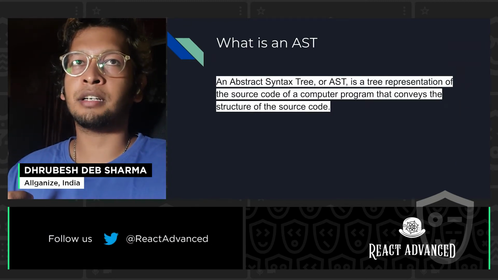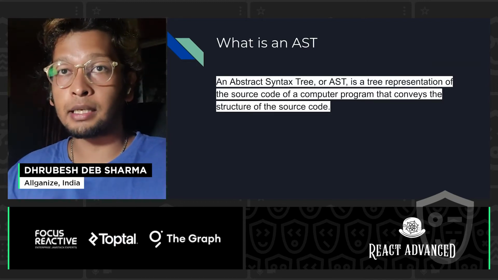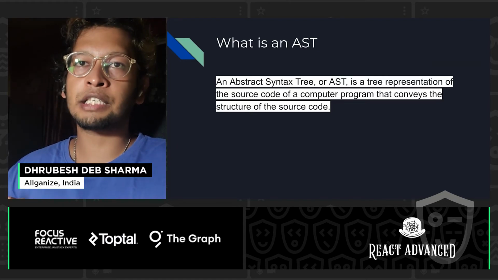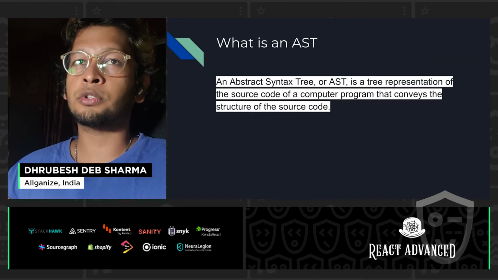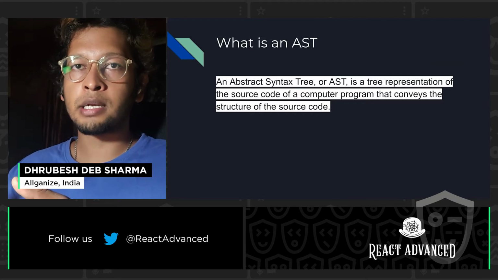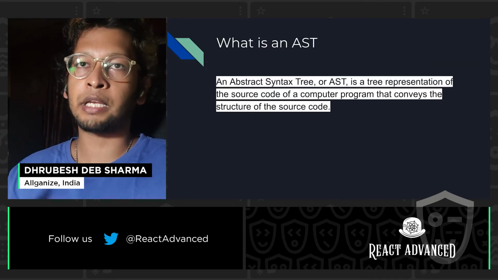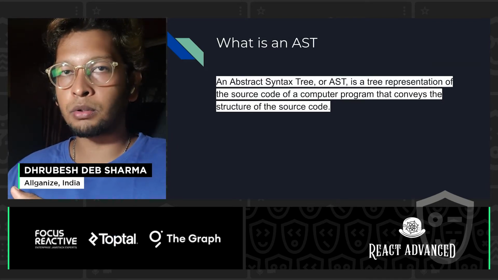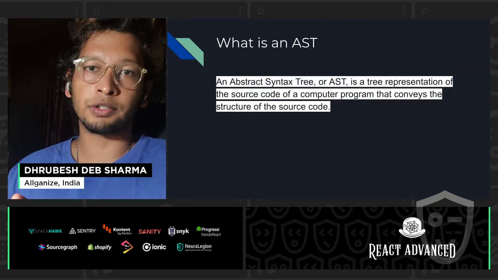It's not as readable as the human code we write, but the representation is purely for the machine to understand how exactly the code is structured, and you can get everything about the code just by looking at the AST. The second point is all the transpilers actually use this, and based on the AST they transpile the code. We are also gonna try out some of those transformations here live to figure out how exactly it looks.